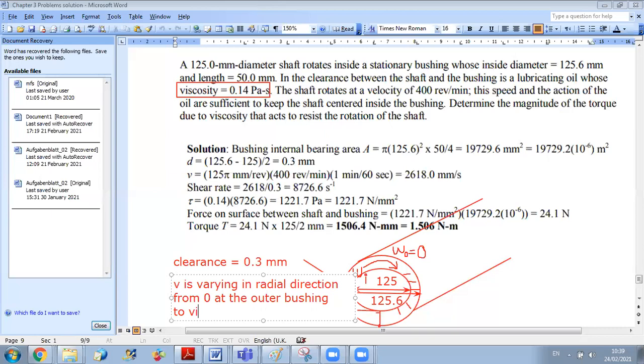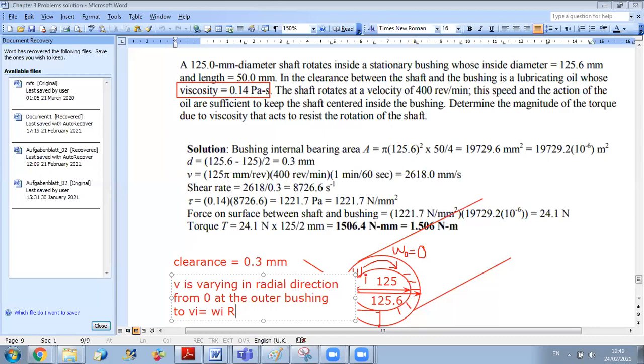How to calculate V inner? If you know the angular velocity of rotation, the linear velocity is related to the angular velocity by omega inner times the radius. So the strategy is first to calculate the linear velocity. Once we find the linear velocity, we can calculate the shear stress.